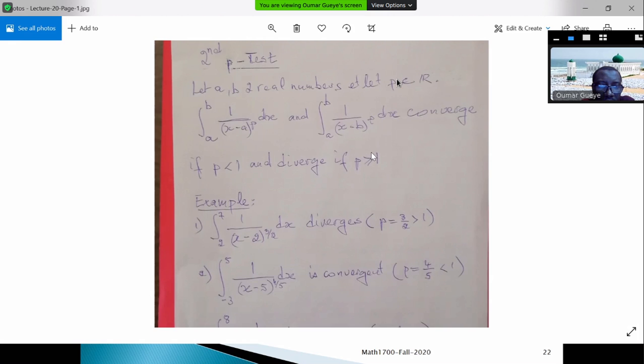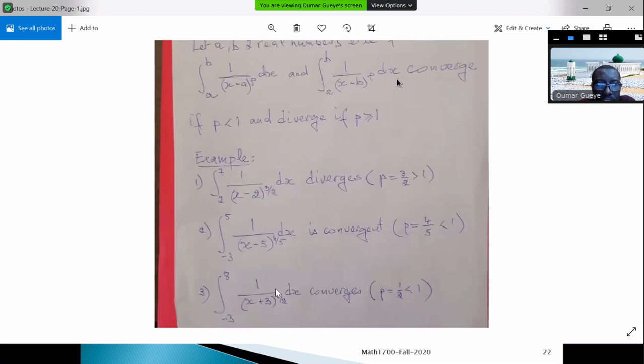We've seen that for any p satisfying this condition, the integral is going to be divergent. For the second situation, we have integral from -3 to 5. It's similar to this one, and at 5, my function is undefined. Again, my p is equal to 4 over 5, which is less than 1. And when p is less than 1, the integral is convergent.